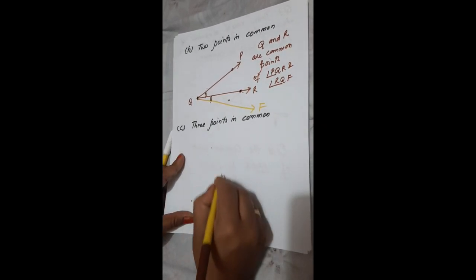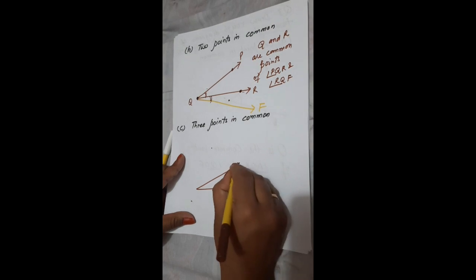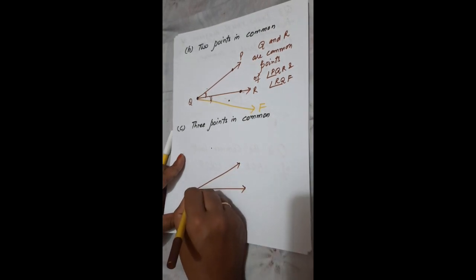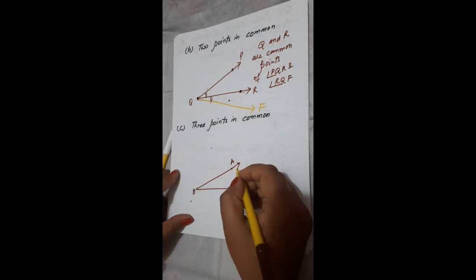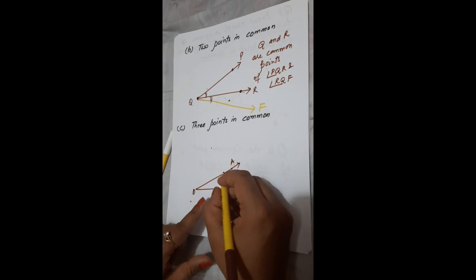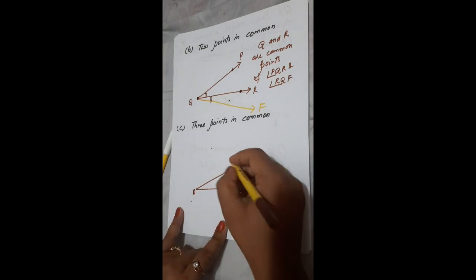So if you draw the first angle like this, A, O, B, this is the first angle. You have to draw another angle in such a way that 3 points are in common.